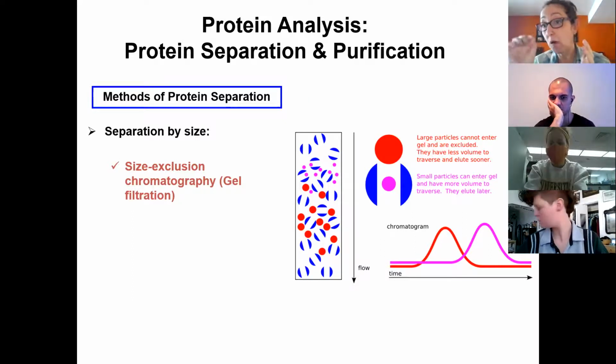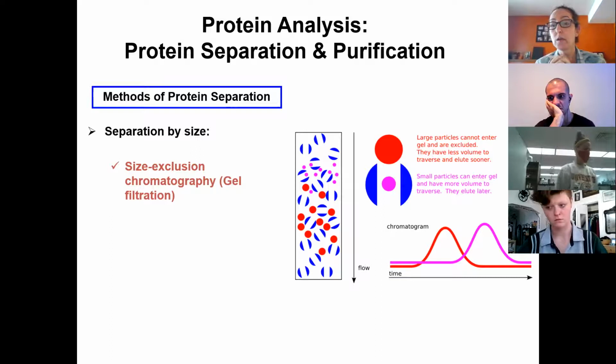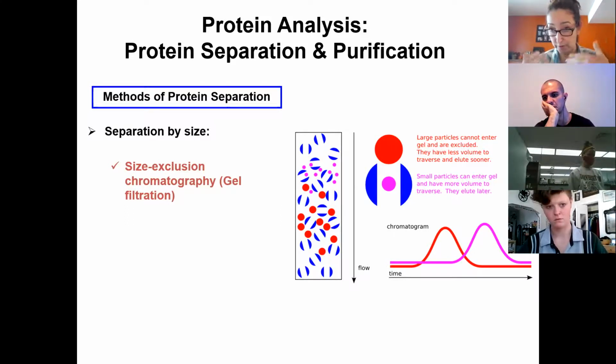Those that are the smallest come out with the entire internal and complete volume of the column, and those in between come out in between. If you want to determine molecular weight, we run standards of different molecular weights and plot them to estimate the molecular weight of your samples.